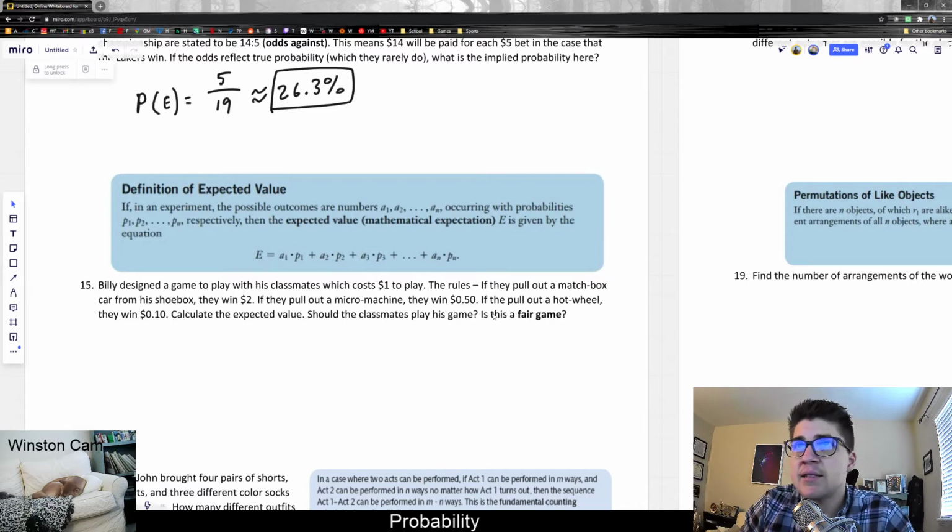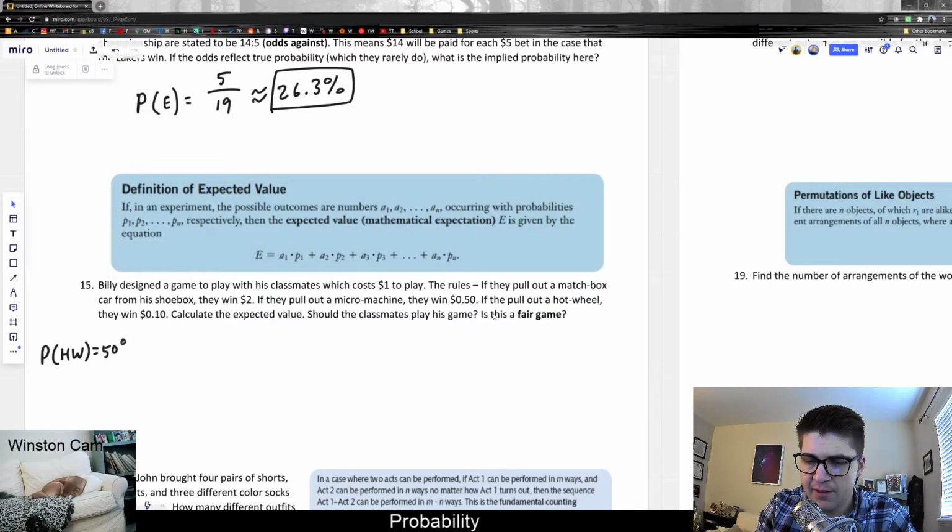It's worth reviewing the probabilities of each outcome. The probability that they would pull out a Hot Wheel was 50%, because there were 5 out of 10 Hot Wheels in his box. The probability that they pull out a Micro Machine was 20%, because there were 2.